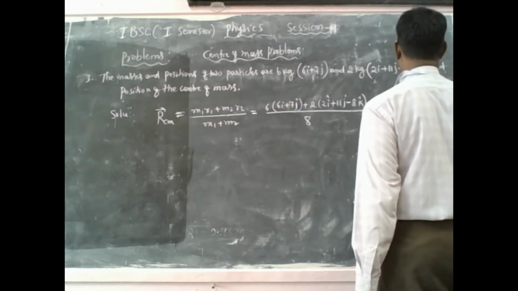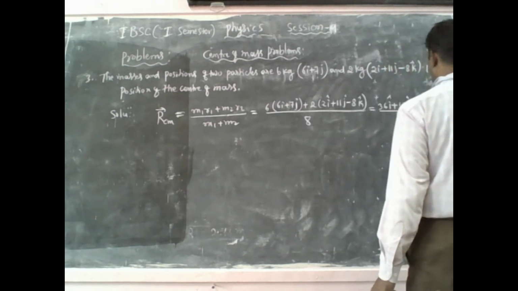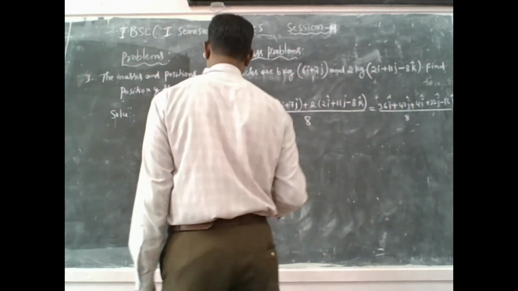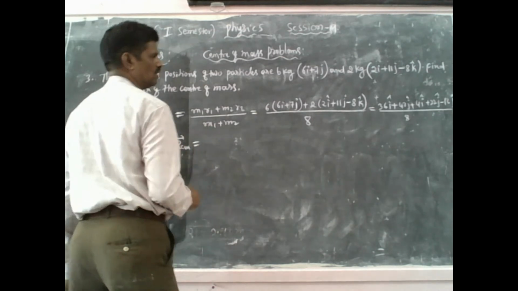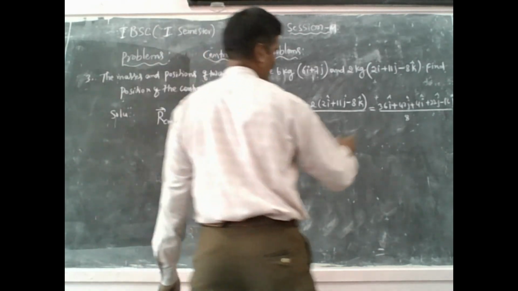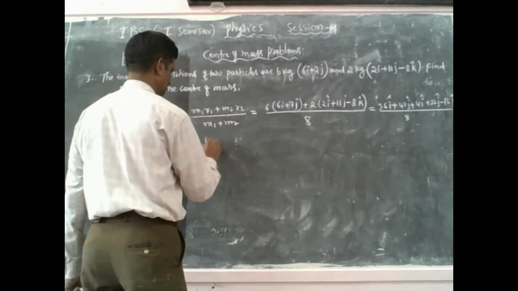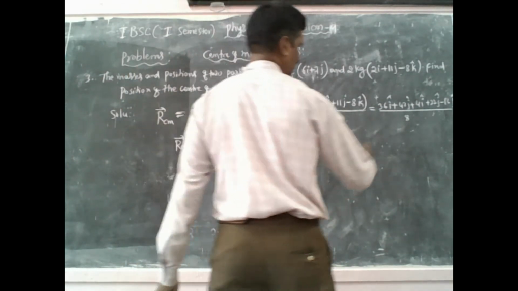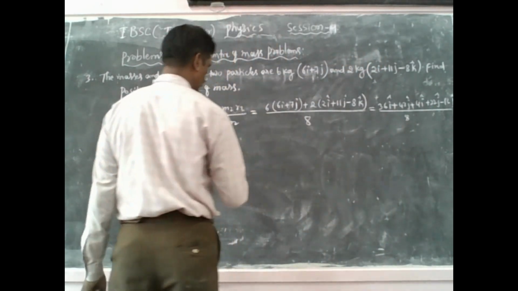So we have to put a cap over the i, j, k, divided by 8. R CM equals 36i plus 4i equals 40i, plus 42 plus 22 equals 64j.